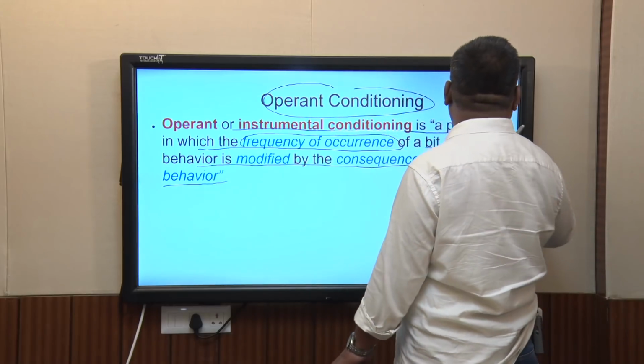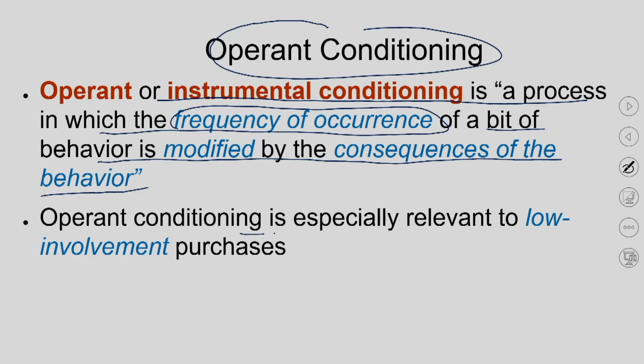That is the basic of operant conditioning. Now, operant conditioning is especially relevant to low involvement purchases, because you do a behavior, it gives you positivity, so you do not think too much and it becomes habit. As I explained in the starting, low involvement products lead to high habit formation.